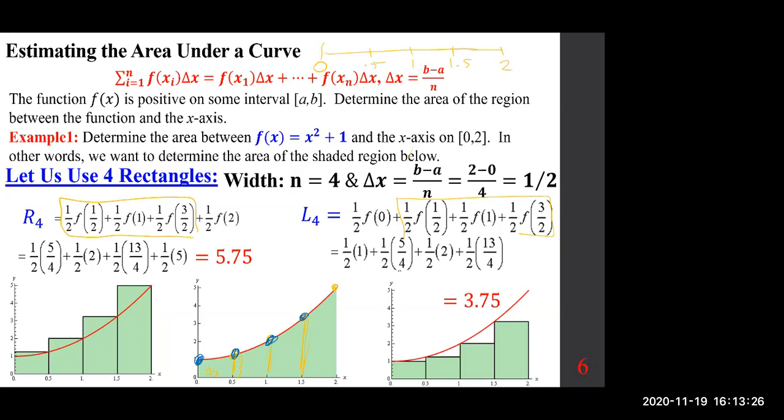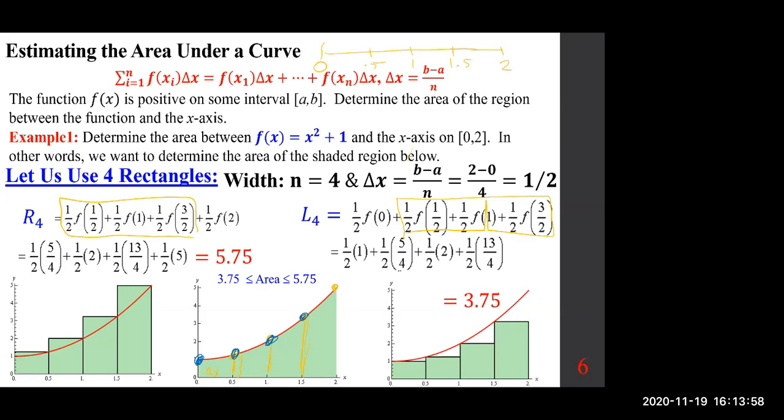Meaning, when you calculate R sub 4, be careful with your calculation. Hold on to every piece. So for L sub 4, all you have to do, add half of f of 0, and you're done. So those two pieces are identical. That will help you with the calculation, everybody. Pay attention to the calculation. So the area is somewhere between the two. We don't know what the area is, but for sure somewhere in between the two.